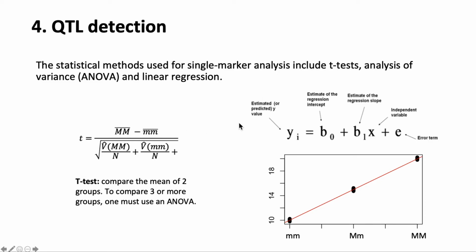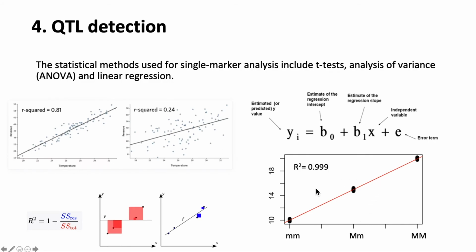Or, which is more common in QTL analysis, we use linear regression. Linear regression lets us estimate the p-value to know if one molecular marker has association with the phenotype, but we can also estimate the R square. That is additional information we get with linear regression: basically, how much of the variability of the phenotype is explained by the genotype.